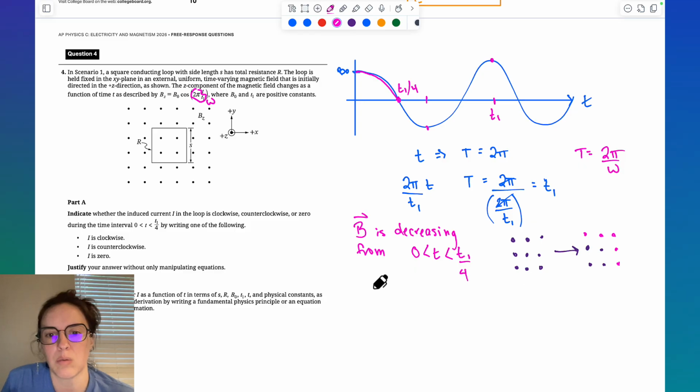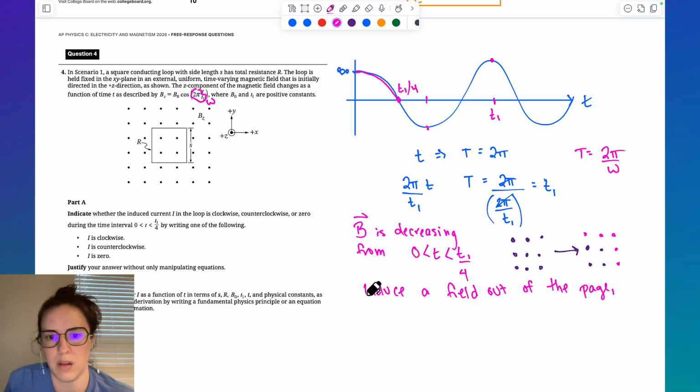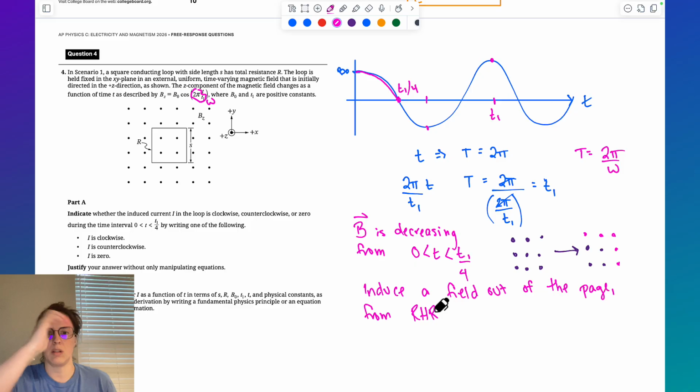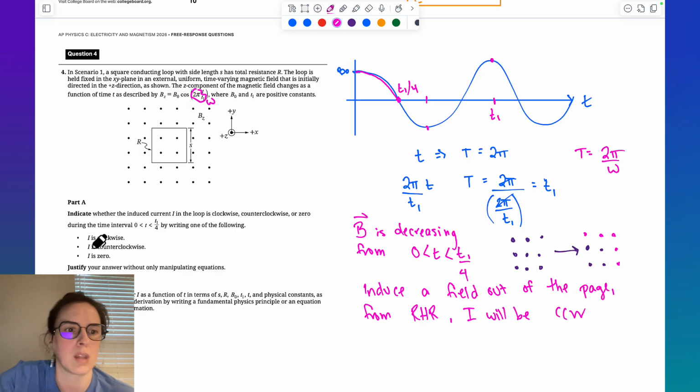So we're going to induce a field out of the page as a result, and from our right-hand rule, out of the page is going to be counterclockwise. Current will be counterclockwise for that one.